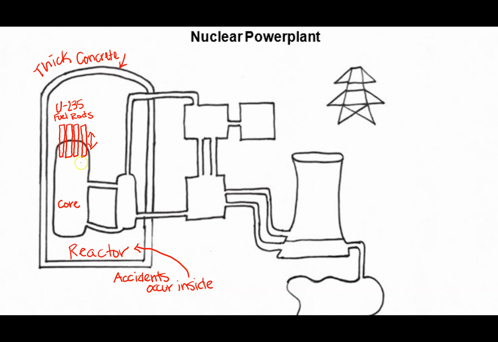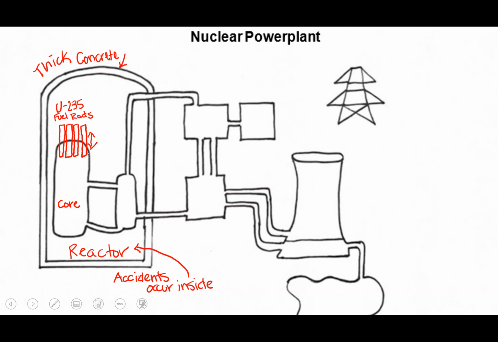When the control rod is in between the uranium fuel rods, then it prevents any kind of reaction happening between these uranium-235. When it is lowered, then you can have neutrons freely passing in between the uranium-235 fuel rods, and that's when the reaction actually occurs. All right, we'll talk more about that a little bit later.